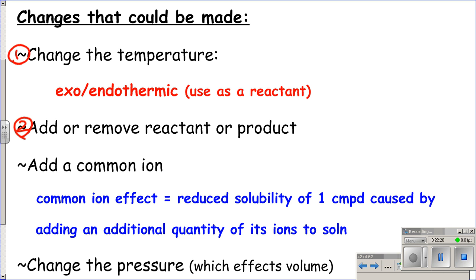So we already know that we can change temperature and it will influence equilibrium. We know we can add or remove reactant or product, and it will influence equilibrium. Write down the common ion effect, and then I'll give you an example of it.